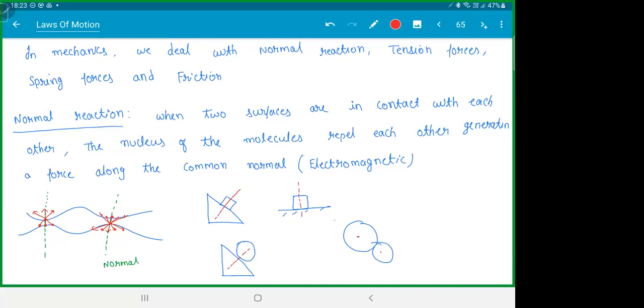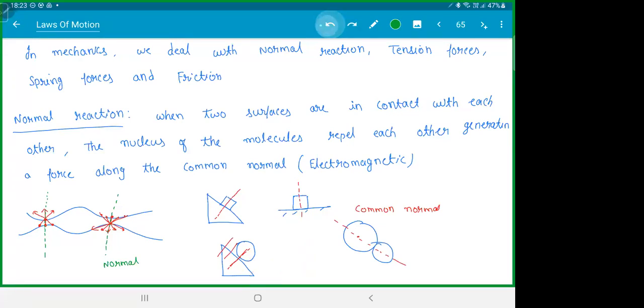For spheres, it is a line joining the centers. For a flat surface, all these are normals. For a sphere, all these are normals. So among these two, there is one common normal. That is this guy in the middle, isn't it? I hope you're getting the meaning of a common normal. A normal which is the same for both of them.